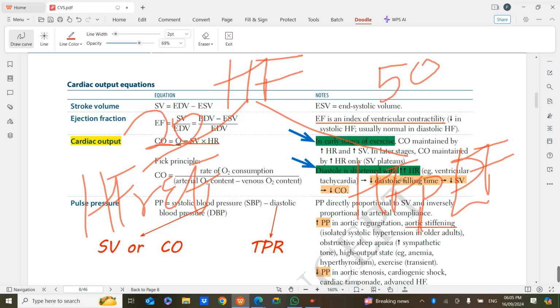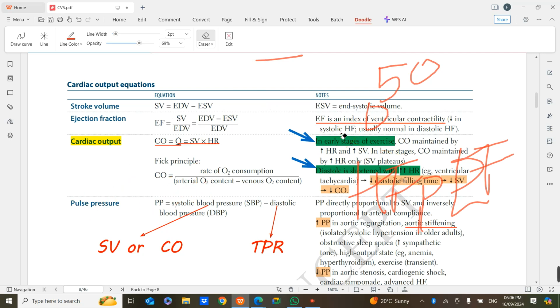You check the question, you are seeing symptoms and signs of heart failure. You now check the ejection fraction that is given is still like 50%. You call this heart failure with preserved ejection fraction. Which means in the exam, you just look at, can I see symptoms and signs of heart failure? Let me look at the ejection fraction. All right, so that's about the ejection fraction and how that can be tested.